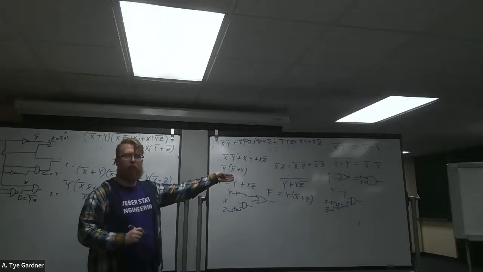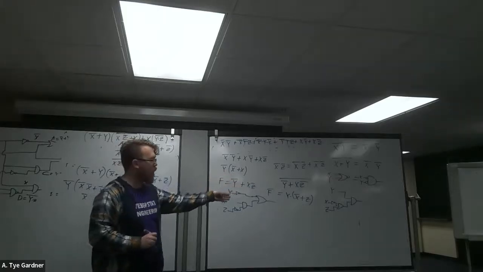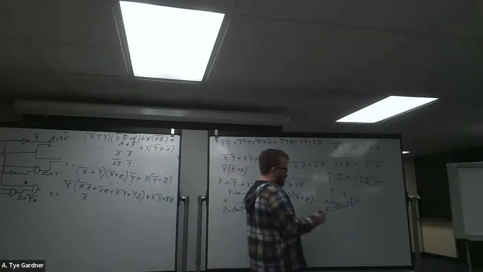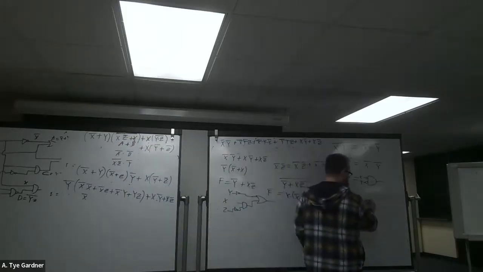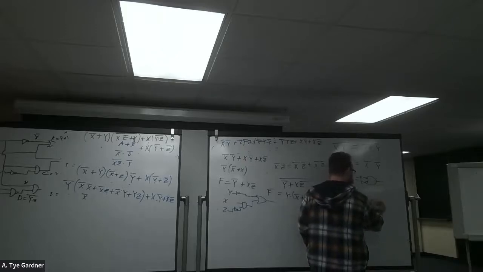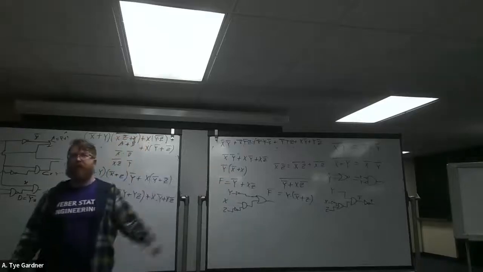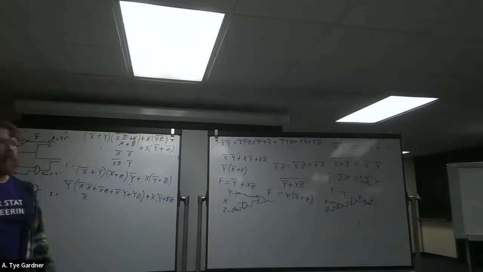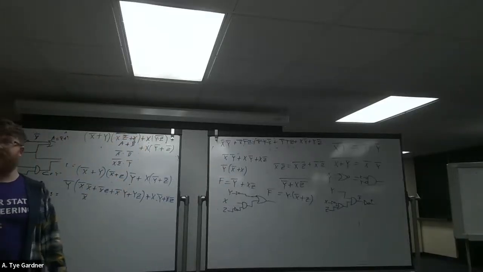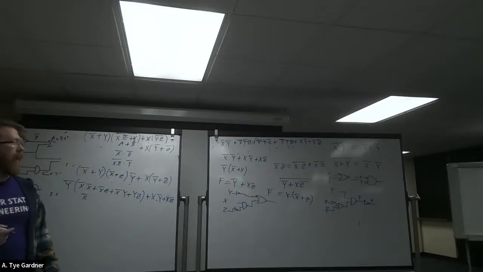But this is for F bar, right? Throw an inverter at the output and take one more gate, and I fixed it all. You can push that inverter to the left and then get it. Exactly.